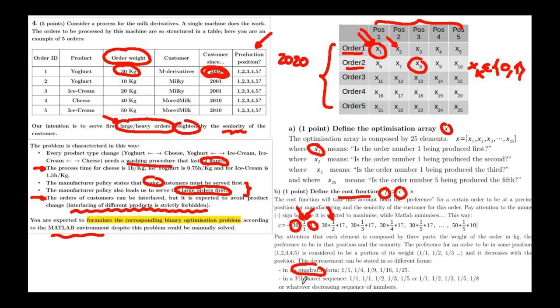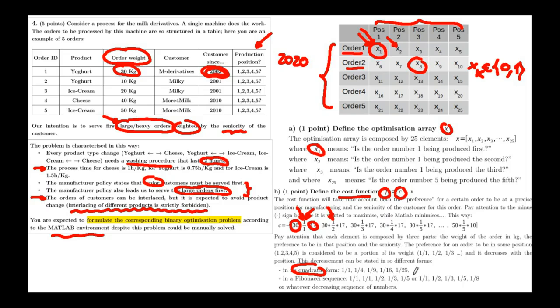You may use, for example, the Fibonacci sequence, 1 over 1, 1 over 1, because, for example, it makes no difference to be produced first or second. Then 1 over 2. Remember the Fibonacci sequence: one number is the addition of the two previous ones, so 1 over 3 is the next because it's the addition of 1 and 2, and 5 because it's the addition of 3 and 2.